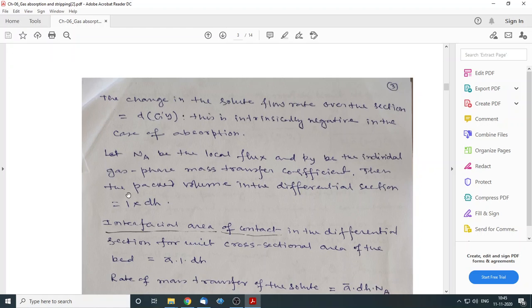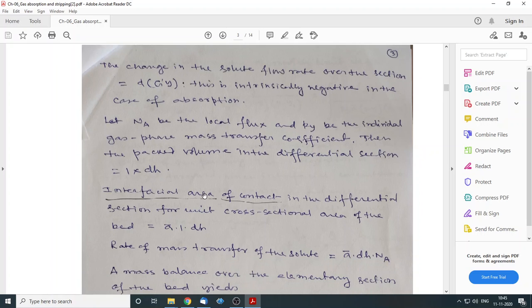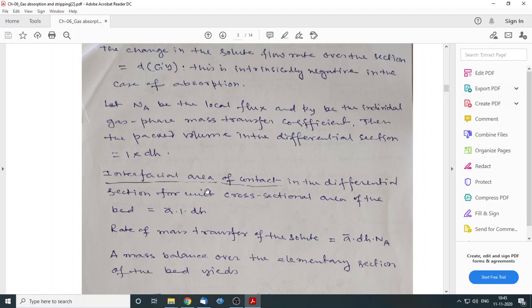The volume of the packed bed in the differential section dH, with a cross section of unit area, is 1 into dH. So the interfacial area in the differential section of unit cross section will be a times dH, with a in meter square per meter cube.